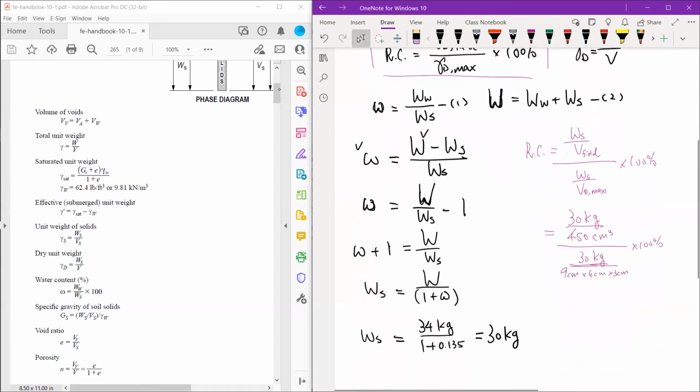After that, we do our math and find the relative compaction to be 39%.